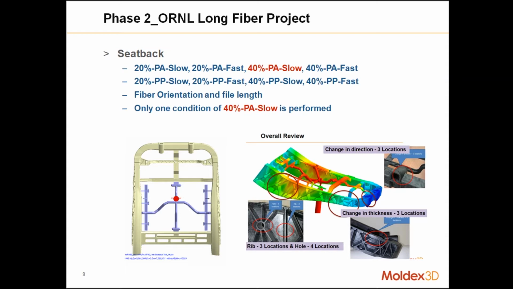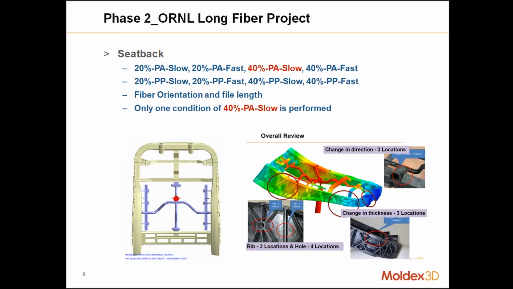So this is the product. What we have in the second phase is a seat back, which we can see in daily life in our car. So this is quite a familiar part.